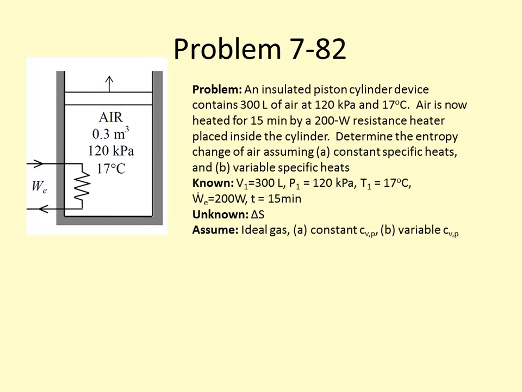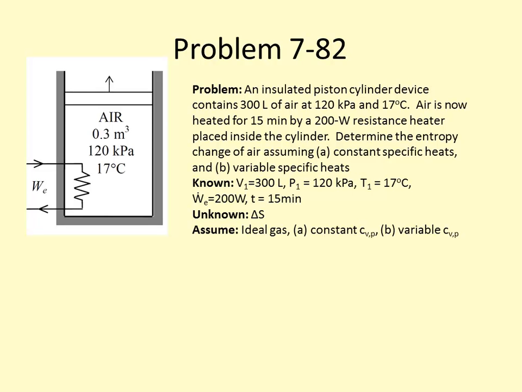So Q in minus Q out plus work in minus work out is equal to M times what for a closed system? U2 minus U1. For a closed system, we don't have to consider the flow, so it's internal energy and not enthalpy.